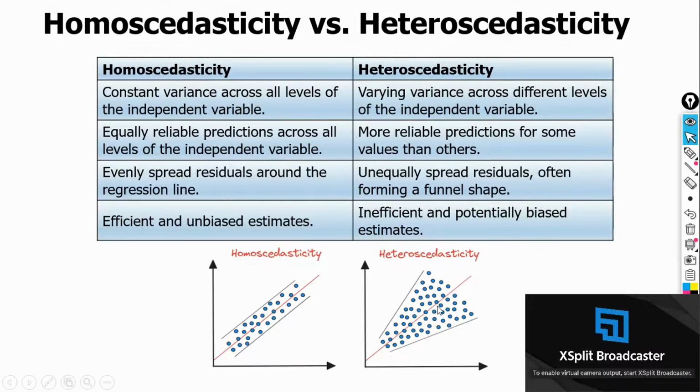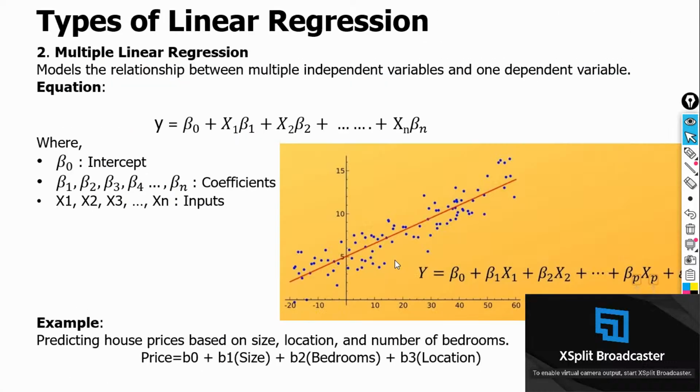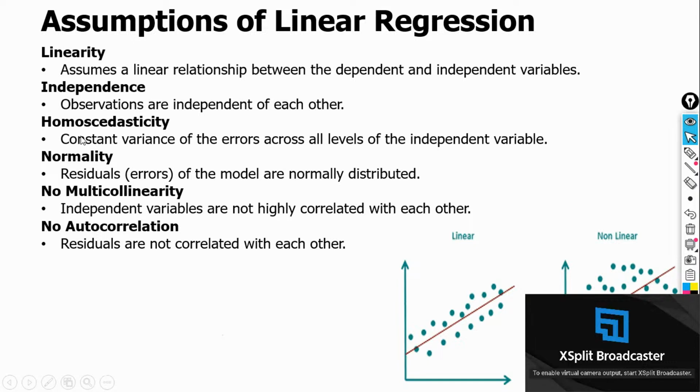See, if we observe homoscedasticity and heteroscedasticity, what is the difference? Where did we understand this particular topic? Assumptions.